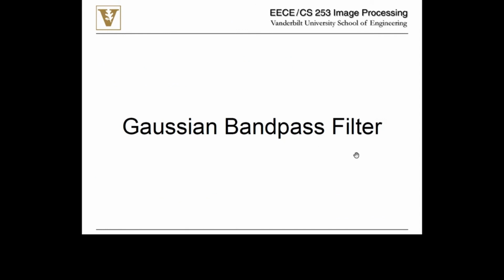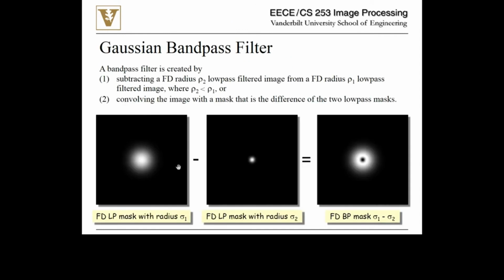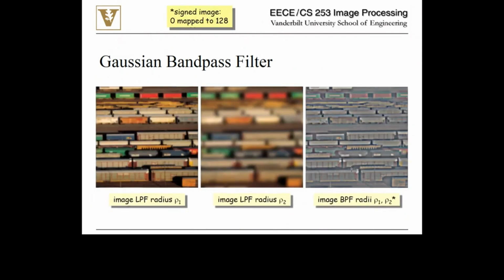And you can define Gaussian bandpass filters. So you simply take 2 Gaussians of different widths, and you subtract one from the other, and now you have a Gaussian bandpass filter. And here is the low-pass filter with radius rho 1, the low-pass filter with radius rho 2, and you subtract 1 minus 2, and this is what you get.